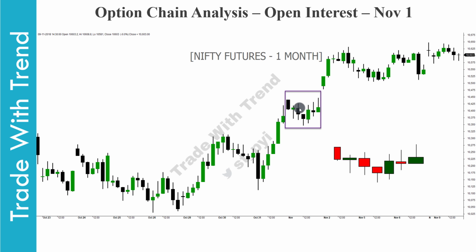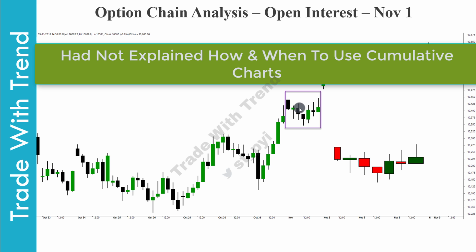Now, such sessions usually throw traders off track, and now I will show you how to deal with such particular sessions. In the last two videos, I had introduced you to the concept of cumulative open interest chain charts. However, I left out why it is useful to use cumulative charts and when to use such charts in options trading.